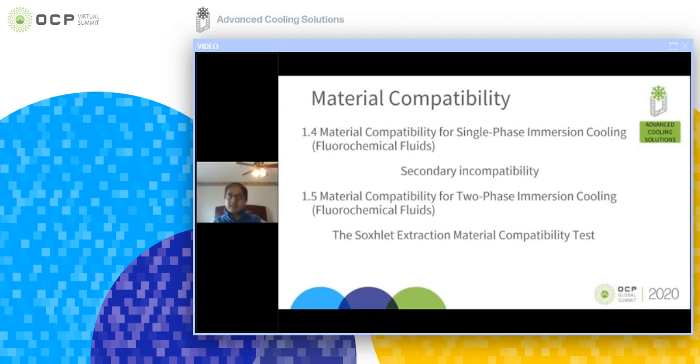The first test is general material compatibility, where you are actually certifying the server under operation. So first you do visual inspection, you check for the effects of contaminants, pools of oil, and you check thermal performance, and you also do microscopic images by doing cross sections and that kind of test.